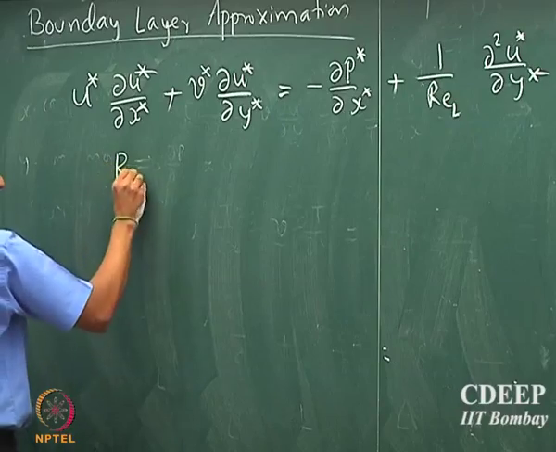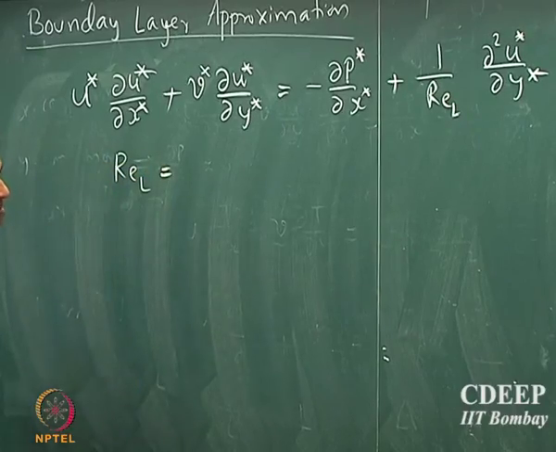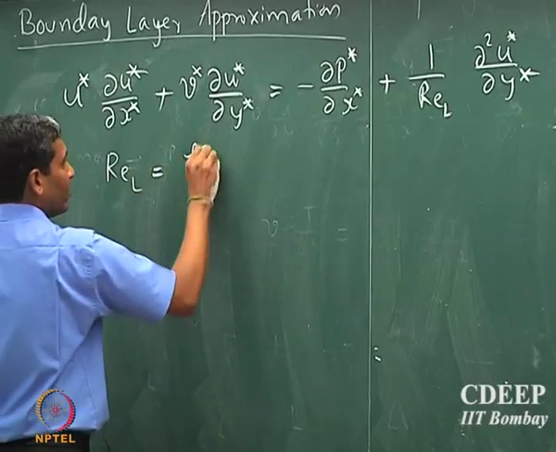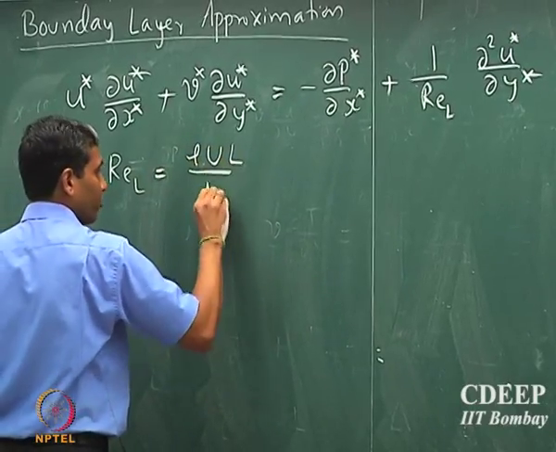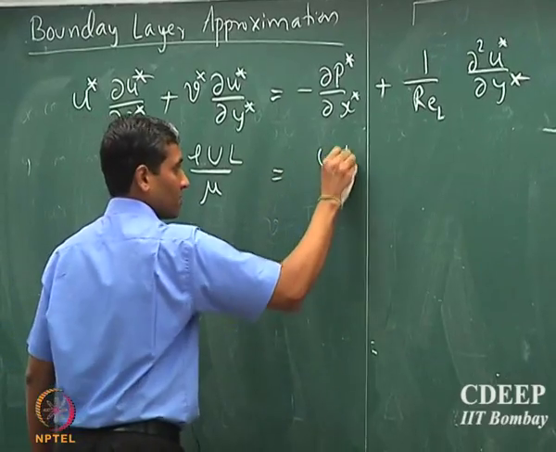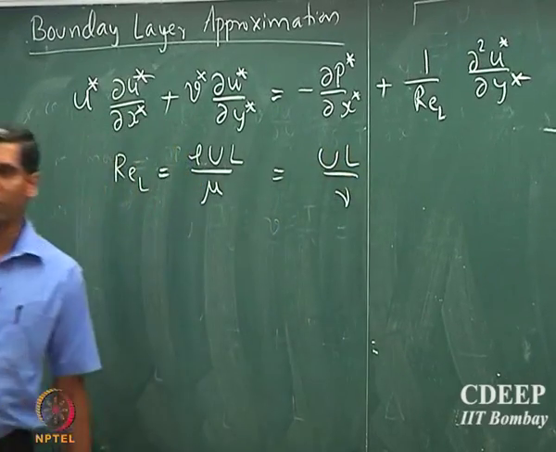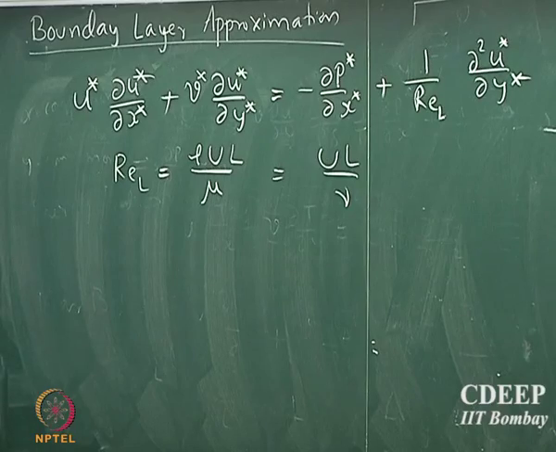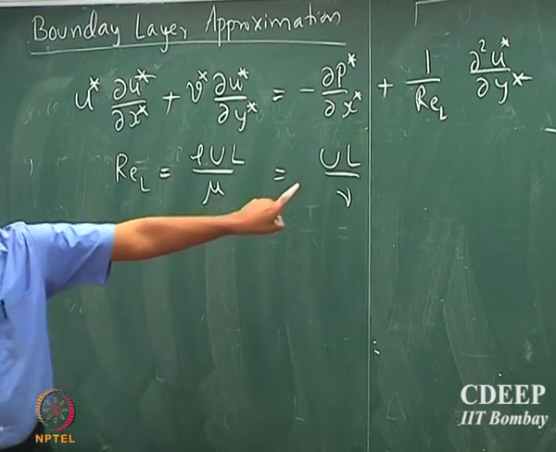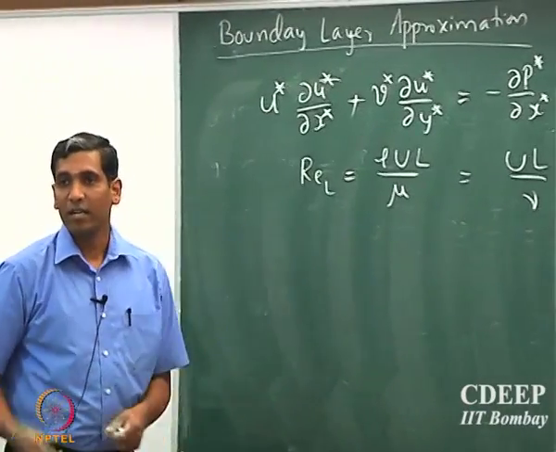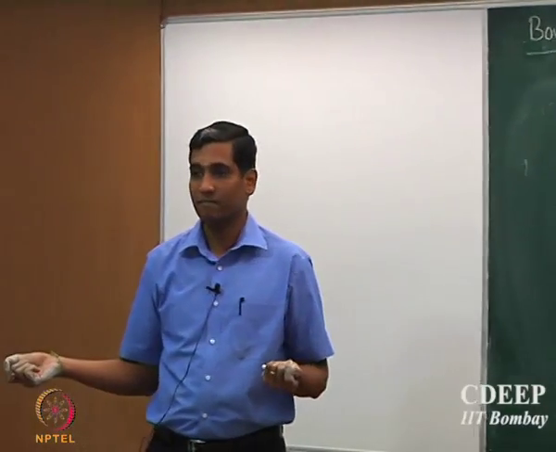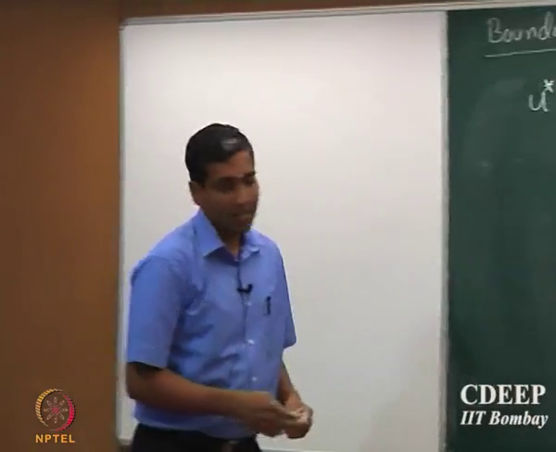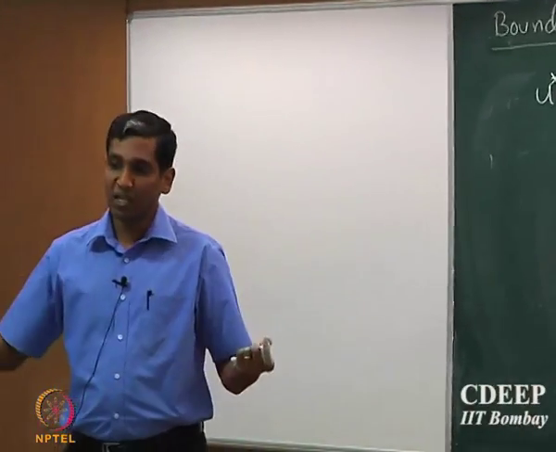So Reynolds number is nothing but rho into U into L by mu. So if I know the kinematic viscosity, which is mu by rho, then Reynolds number is U into L by the kinematic viscosity. So this is the Reynolds number for the flat plate, okay. This is defined based on the length of the flat plate.